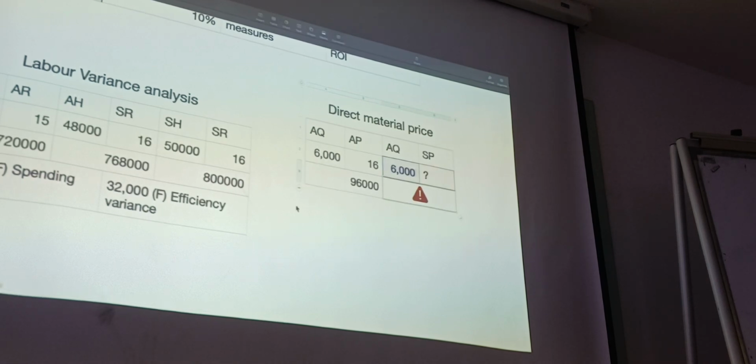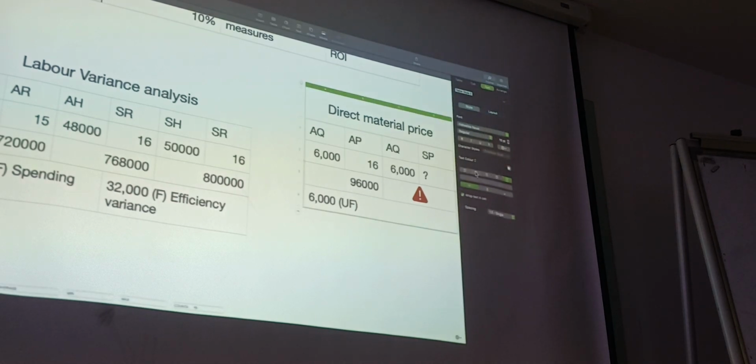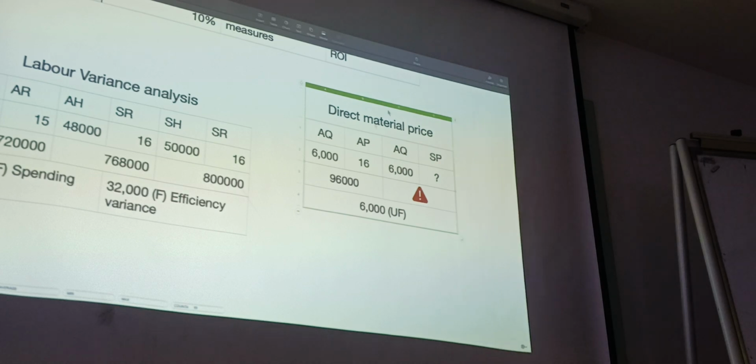Okay, what's the answer? Here is 6,000. Unfavorable, right? Yes. So notice what has happened here.